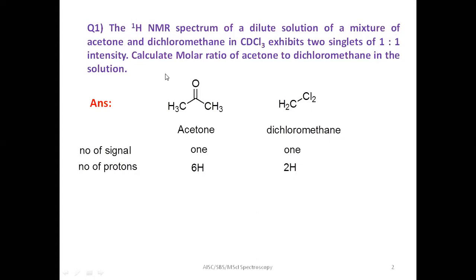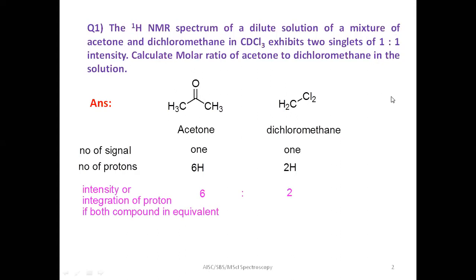Number of protons in acetone is 6, number of protons in DCM is 2. So if both are equivalent, that is 50-50% in your mixture, then the integration of protons will be 6:2, 6 protons versus 2 protons.